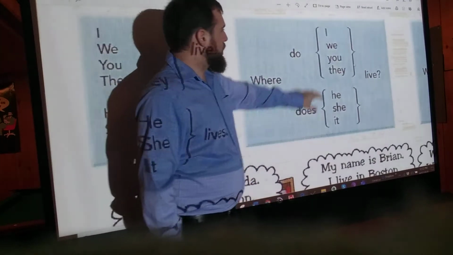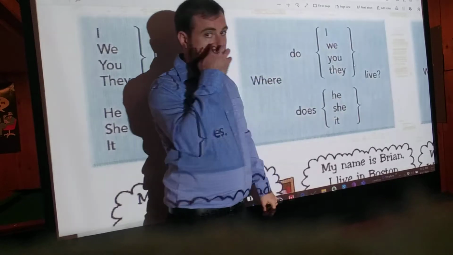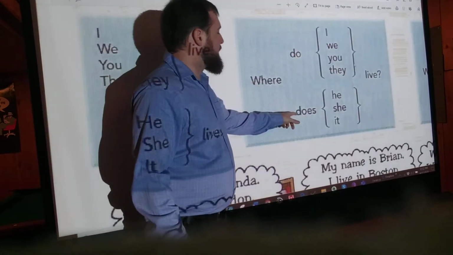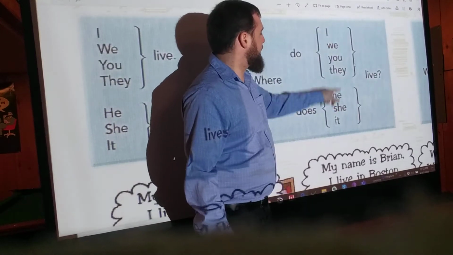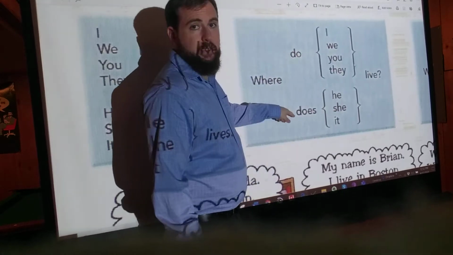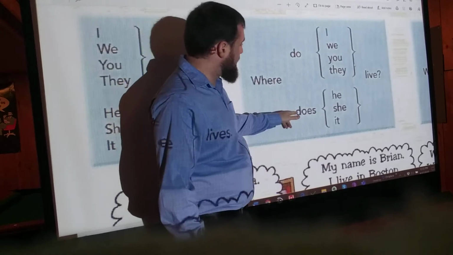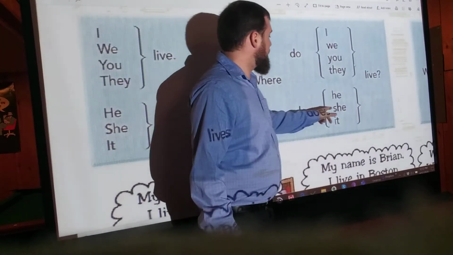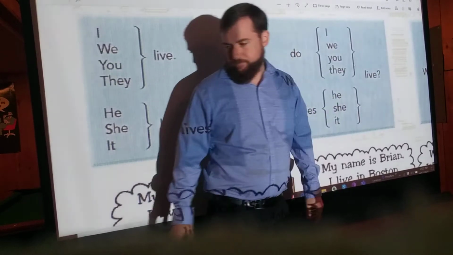Again, this group of words, I, we, you, they, follow one set of rules for do. Then, where does he live? If we change I to he, we have to change do to does. Get what we're saying here? Where does he live? Where does she live? Where does it live?